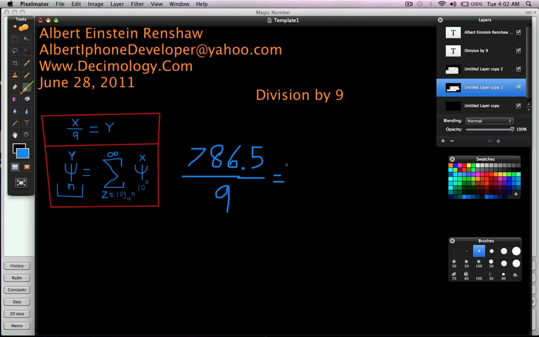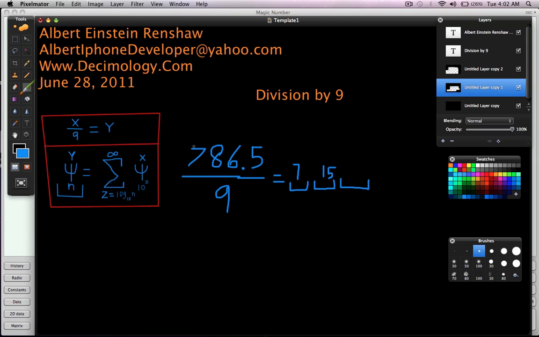786.5 divided by 9 is, so we'll start out, our first decimal place will be 7. Alright, then the next one's going to be 8 plus 7, which is 15. So we're going to write that all in one. Alright, this isn't 715, this is 7015. It's a 2-digit number so far, not 3 digits. This is digit notation if you haven't watched that video.